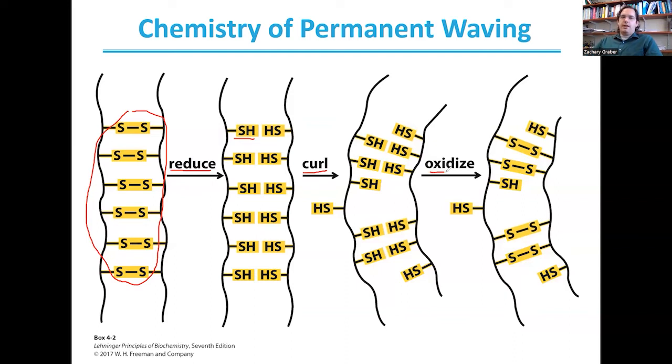We can then use an oxidation reaction to reform our disulfide bonds, but in a new orientation, so that now we're locked into this different shape. So a lot of the agents that are used to create the permanent curling or straightening include reducing and oxidizing agents in order to actually change this disulfide bond linkage within our alpha-keratin.